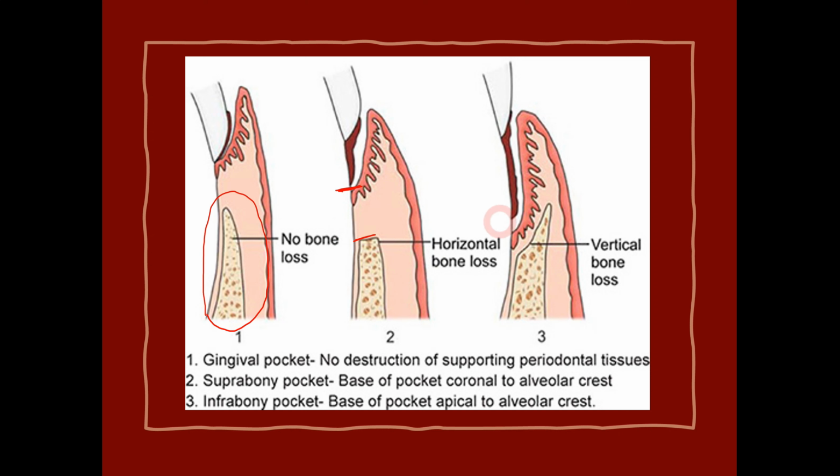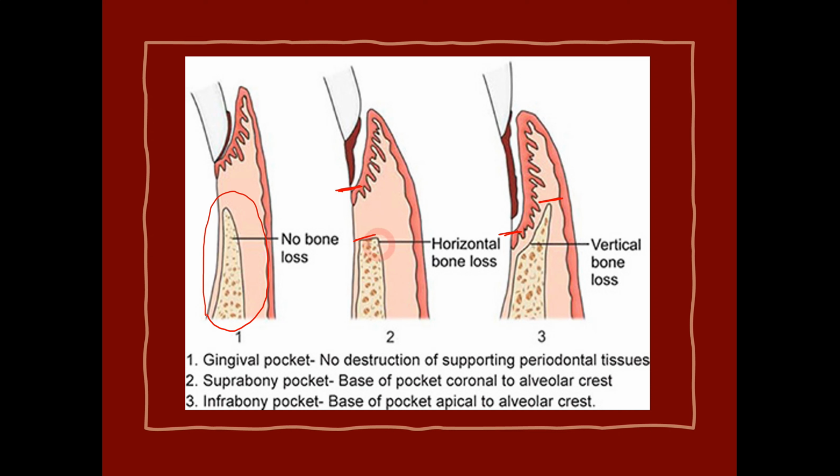However, in cases of infrabony pocket, you can appreciate that this is the base of the pocket and this is the crest. So the base of the pocket is present apical to the crest of the alveolar ridge. In suprabony pocket, the base is coronal to the crest.